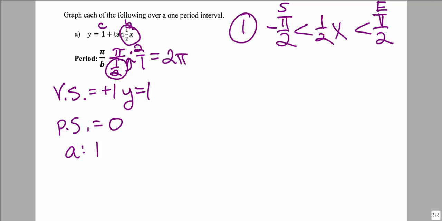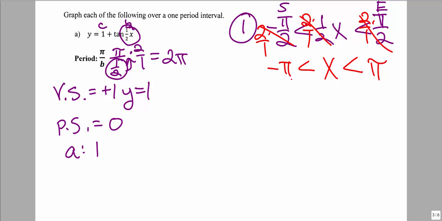So we need to multiply by 2 to get x by itself in the middle. When we multiply by 2, think about that as 2 over 1. The 2's cancel. We have minus pi less than or equal to x less than or equal to pi. So the starting and ending asymptotes now will be minus pi to positive pi.